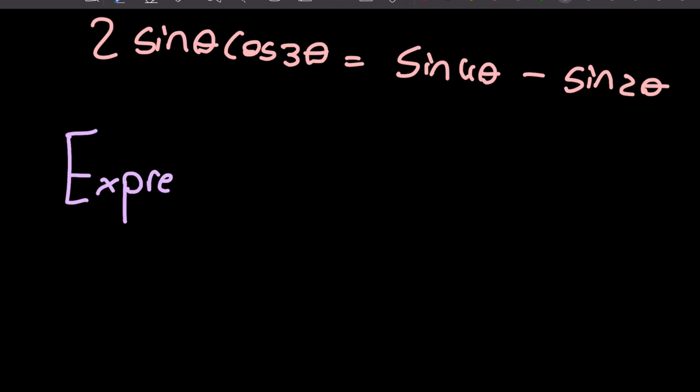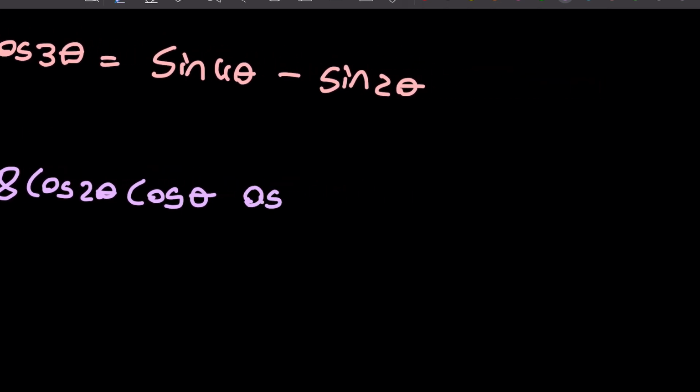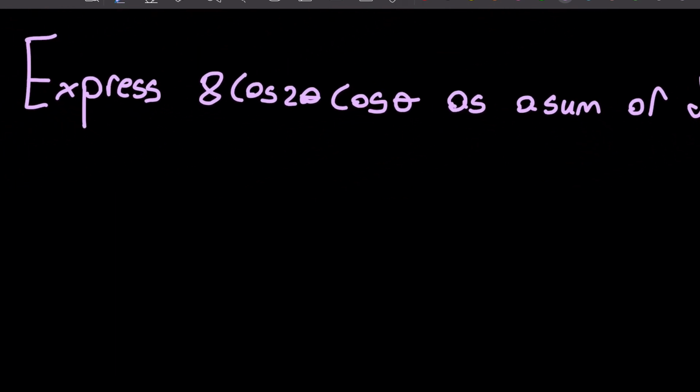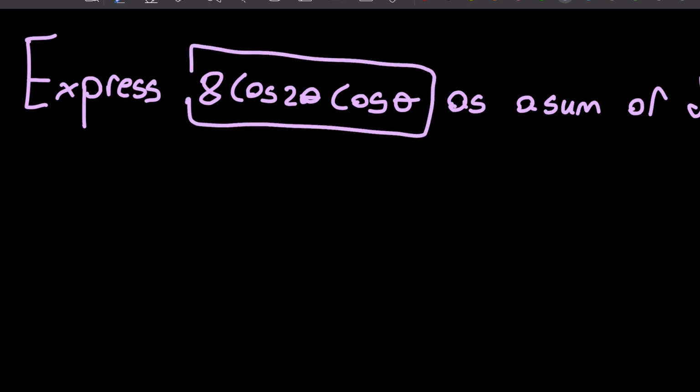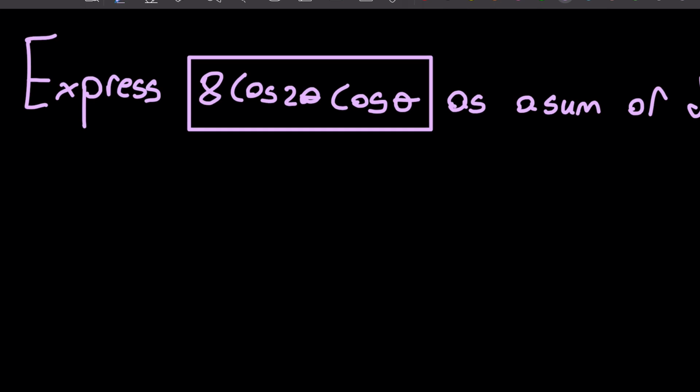Well, they wanted us to express 8 cos 2 theta times cos of theta as a sum or difference. So to do this, what we should automatically be looking at is how many sines and cos there are.